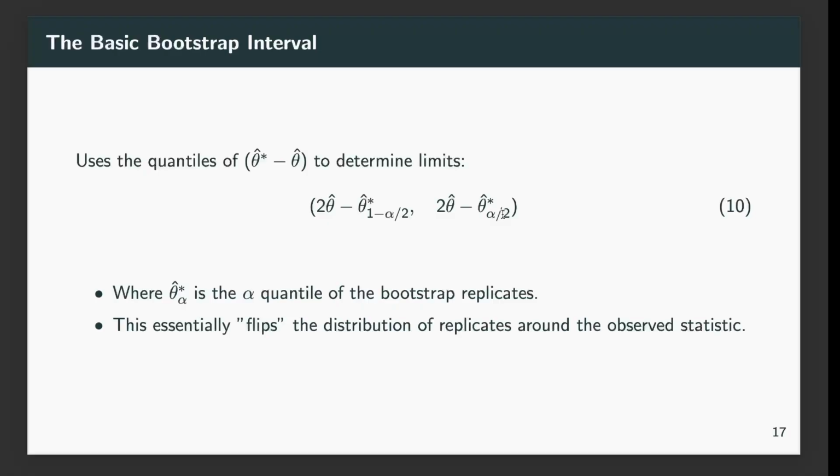The key idea here is to use the quantiles of the sampling distribution of theta hat minus theta to construct the confidence interval. We do not know the distribution of theta hat minus theta, but we can approximate it with the distribution of theta hat star minus theta hat. This theta hat star is the Bootstrap replicate, and theta hat plays the role of the true parameter in the Bootstrap world.